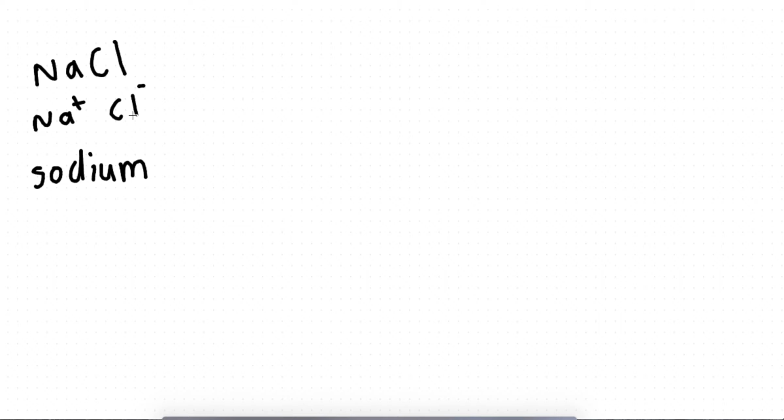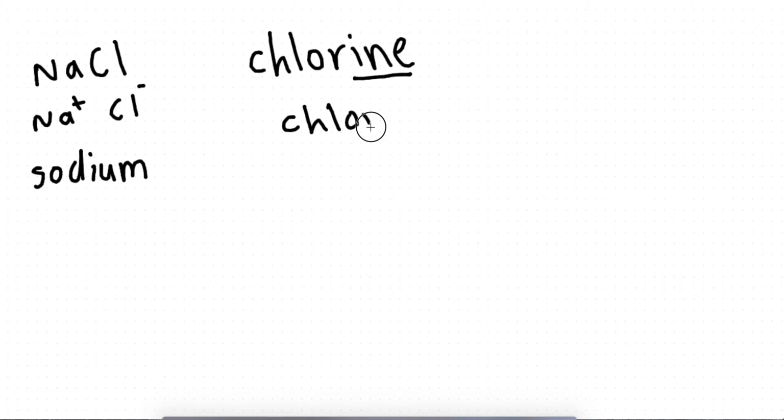Any of the elements with a negative sign, their ending always changes to IDE or ADE. So chlorine in its ion form, the ion form with the negative sign, you drop the INE, instead you write IDE. So you get sodium chloride.